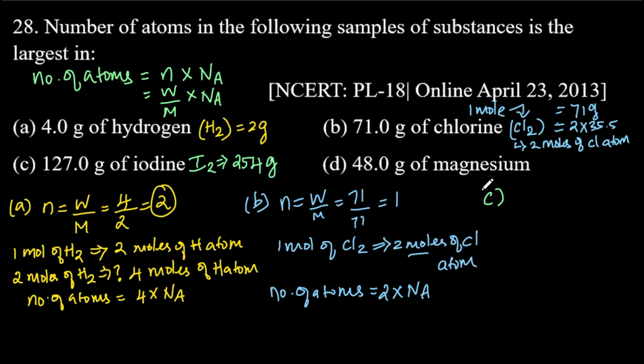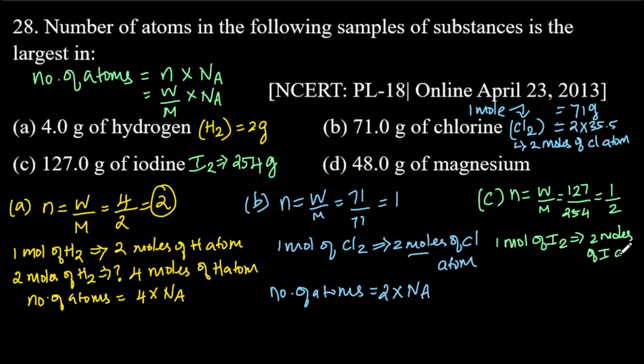So let us find the number of moles. n is equal to given mass by molar mass, and the given mass is 127 divided by molar mass 254. So it is 1 by 2. So the number of moles is 1 by 2, and I already told in 1 mole of I2, 2 moles of atoms are present. 2 moles of iodine atom. Therefore, we got 1 by 2 moles.